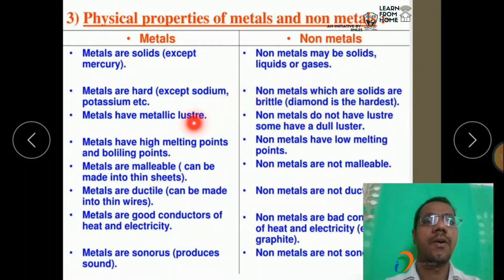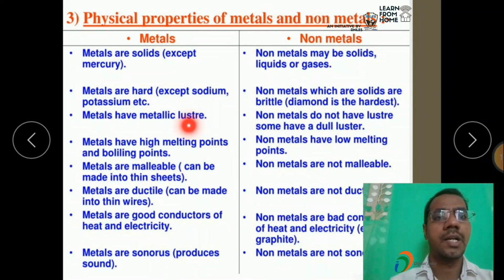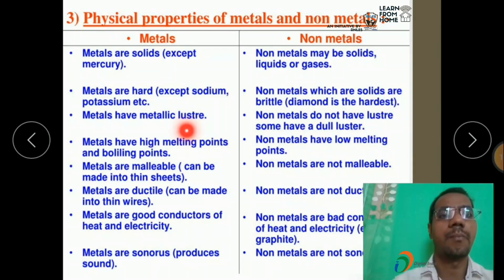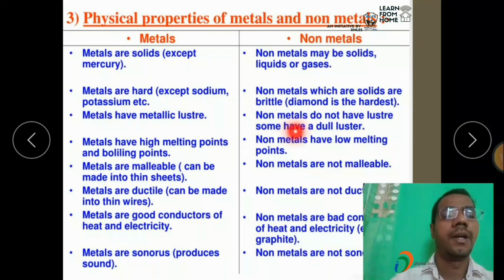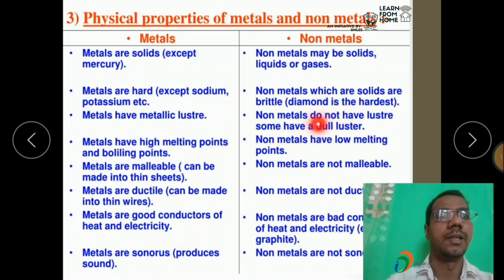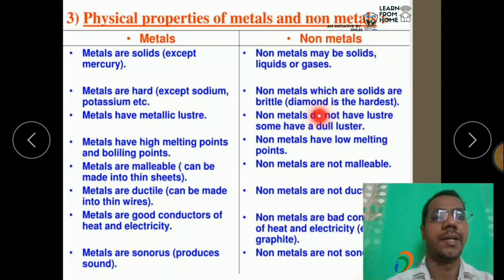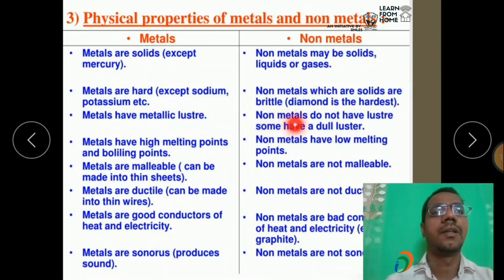Metals have metallic luster. What is metallic luster? They shine properly. But non-metals do not have luster and appear dull. They do not shine as much as metals.